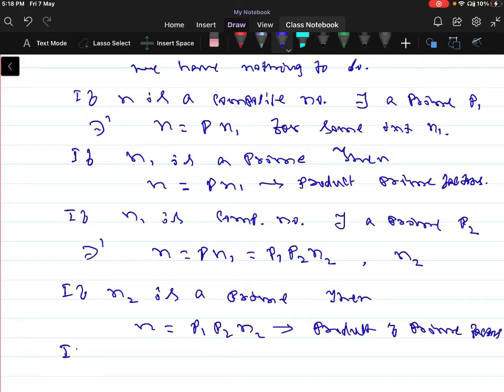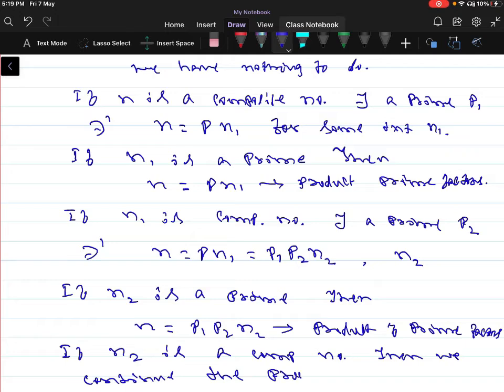Suppose n2 is a composite number, then we continue the above process.